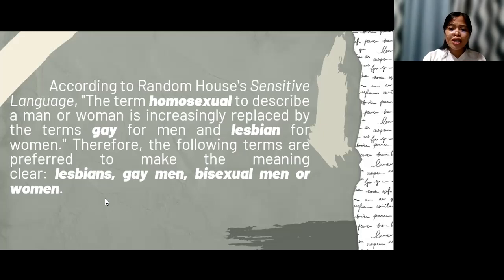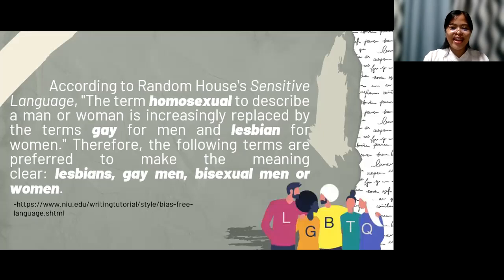These are the acceptable terms according to Random House sensitive language. Here I put the link. You may take a screenshot and do your personal research about it. When you see them, of course, they can be called lesbians, gay men, bisexual men, or women.